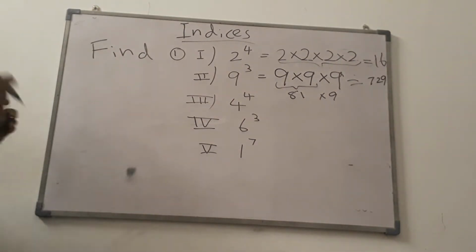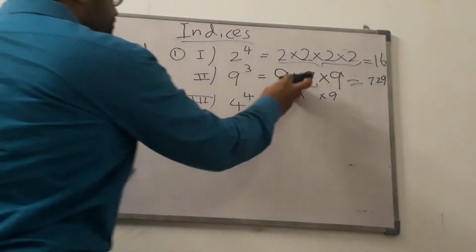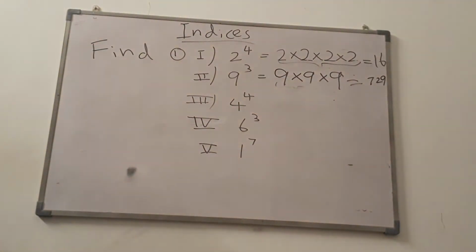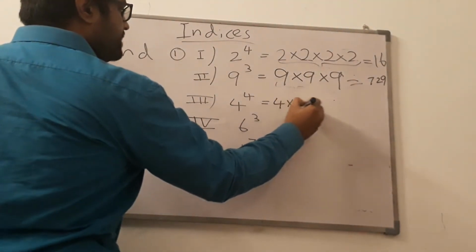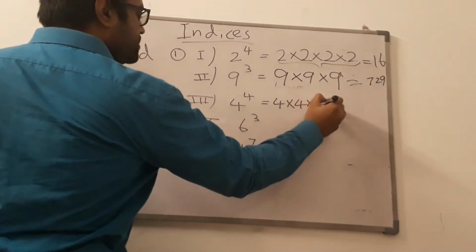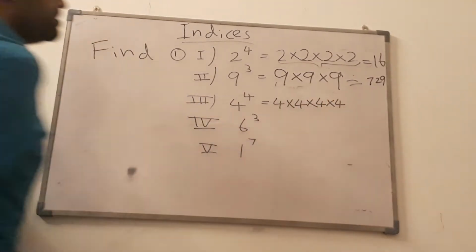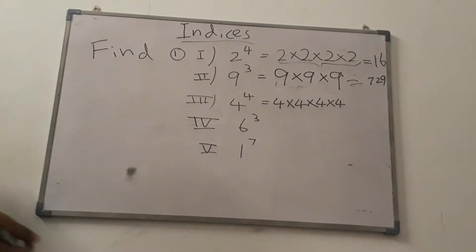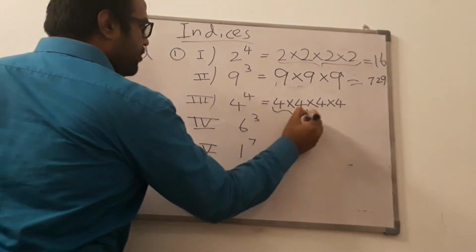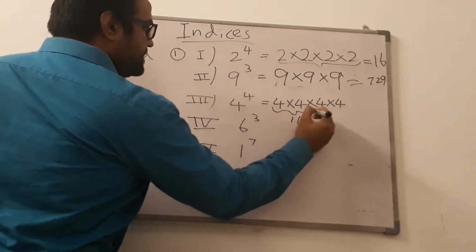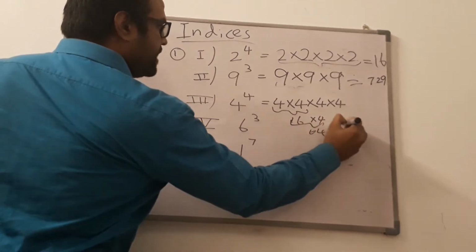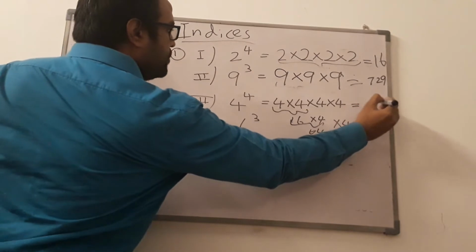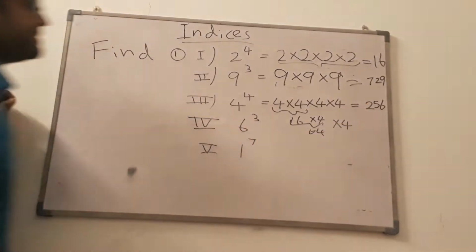Next is 4 to the power 4. 4 to the power 4 can be written as 4 multiplied by itself 4 times, or 4 4s multiplied with each other. 4 times 4 means 16. 16 times 4 means 64. 64 times 4 means 256.